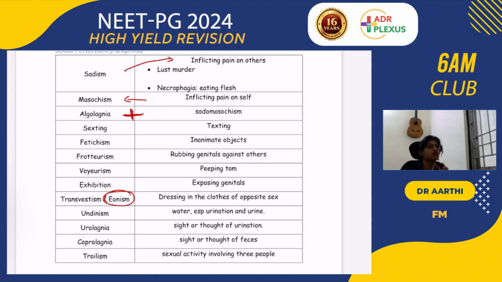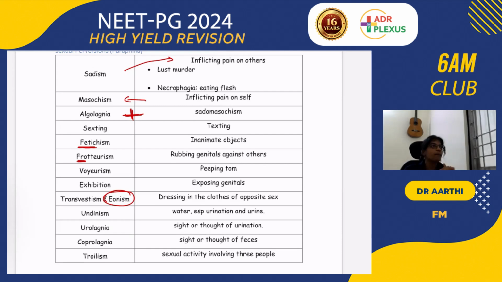Fetishism, voyeurism. Students get confused. See, frotteurism, R is rubbing. Fetish is inanimate objects, which means he uses a shoe, he uses a brassiere or something to get sexual gratification.